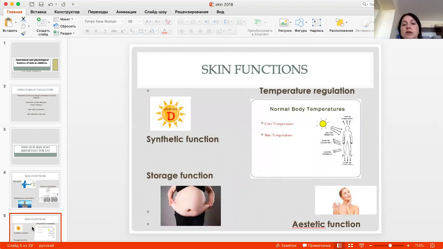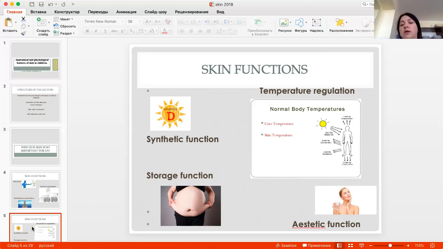As well, skin is able to produce a lot of different substances. The first substance we always remember when we talk about skin is the vitamin D. The role of vitamin D in the normal regulation of our metabolic processes in our body is difficult to estimate well, because the more we study the functions of vitamin D, the more important for our organs and systems it looks.